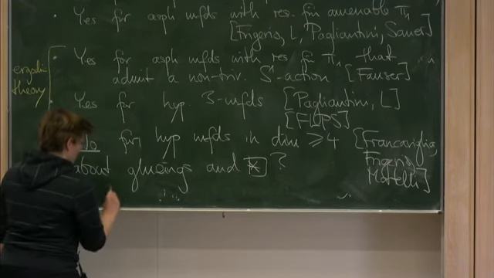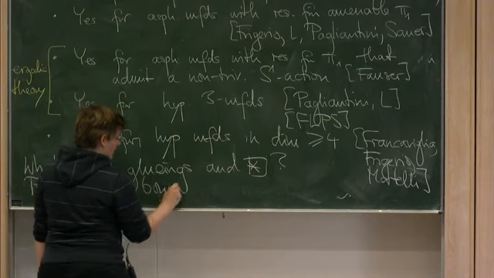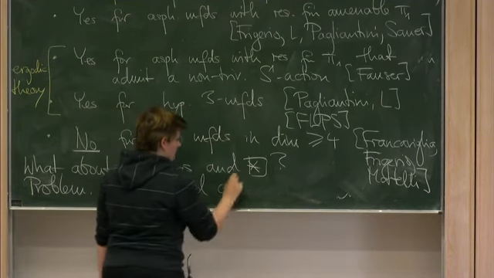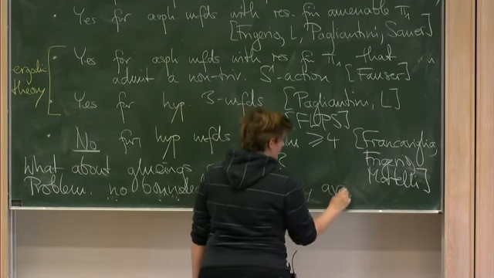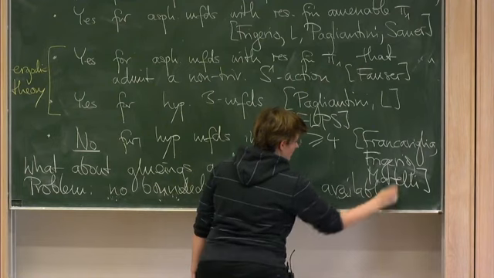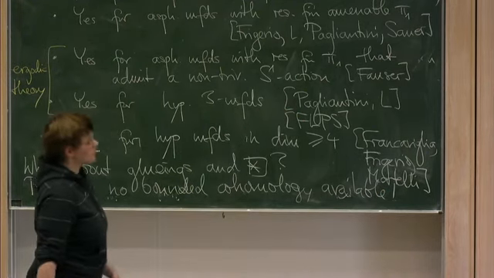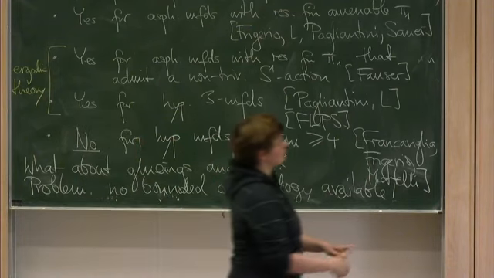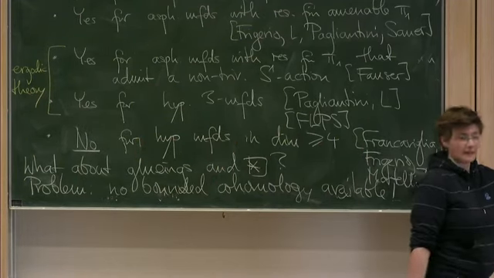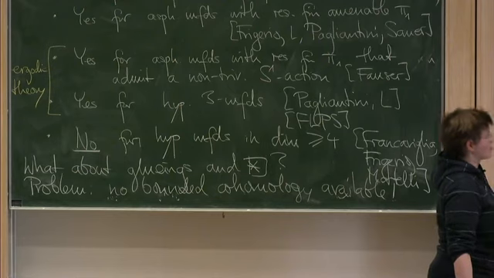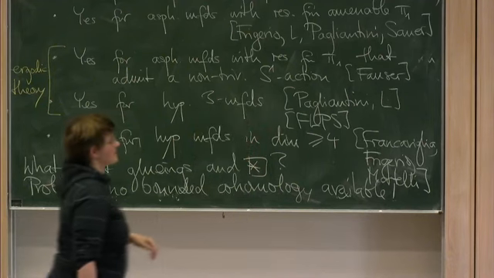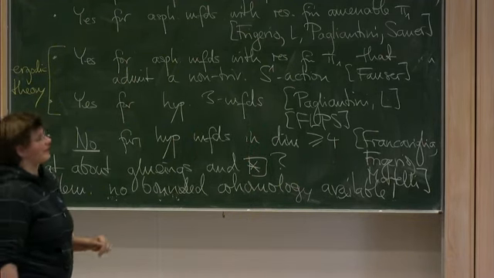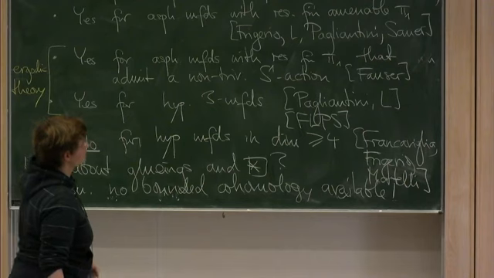So there is no bounded cohomology available for this. So if you want to prove a gluing result and you want to use something like UBC, you can't use bounded cohomology to prove that your strange chain complex satisfies UBC. So you need a new strategy to do that. And that's what I want to explain now.